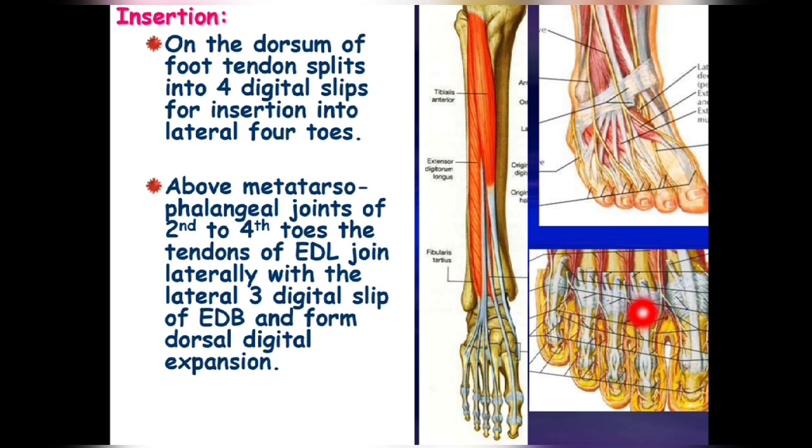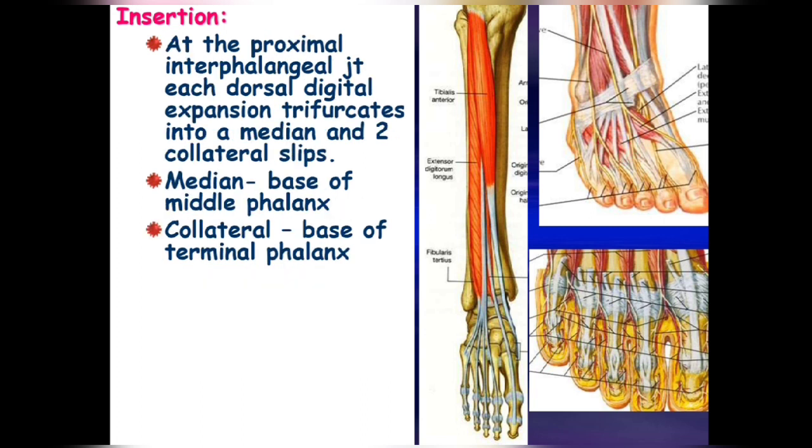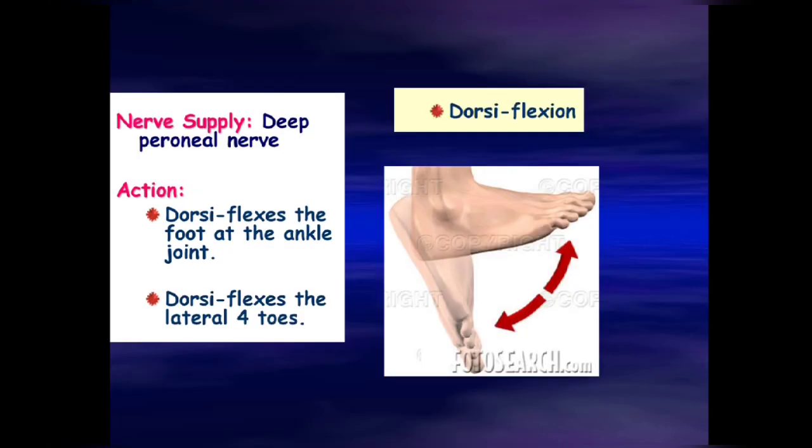These are the digital dorsal expansions, and this is extensor digitorum brevis. Action of extensor digitorum longus is it dorsiflexes the foot at the ankle joint and dorsiflexes the lateral 4 toes. Nerve supply by deep peroneal nerve.